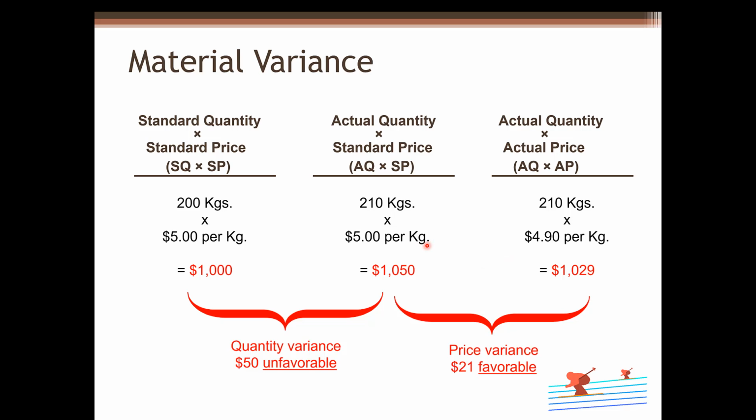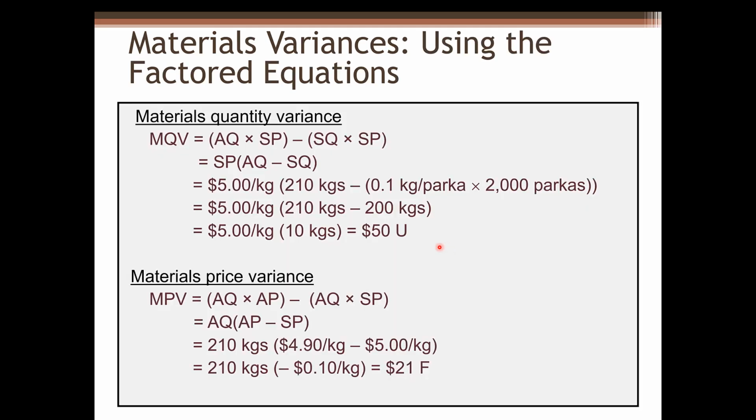Keep in mind, when we determine the variance, quantity variance or price variance, we always indicate whether the amount is favorable or unfavorable. To calculate the materials quantity variance or price variance, we can also follow the equations. That's very straightforward. To calculate the materials quantity variance, we can follow the equation.